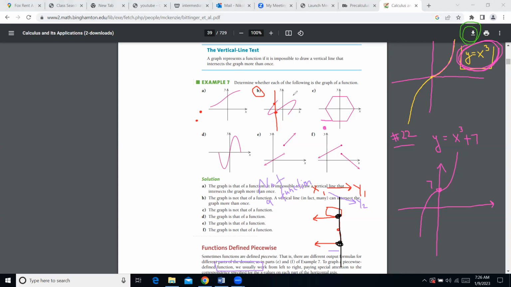There are actually lots of other verticals that intersect more than once. Same with problem C. It's not a function either because we can find a vertical line that intersects our graph more than once. So these are the so-called not functions.